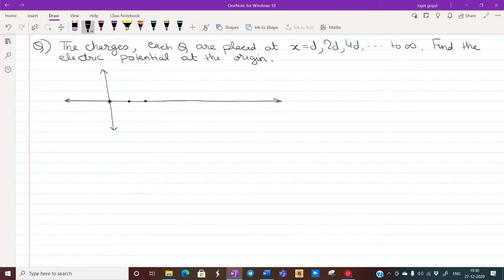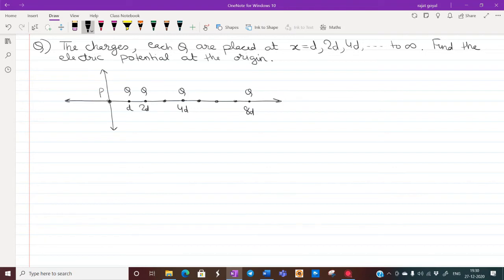So one charge they have placed here at D, then one more charge at 2D, then one more charge they have placed at 4D, then one more charge they will place at 8D, and so on. They will place at all the different points in multiples of 2. We have to find the potential at this point.